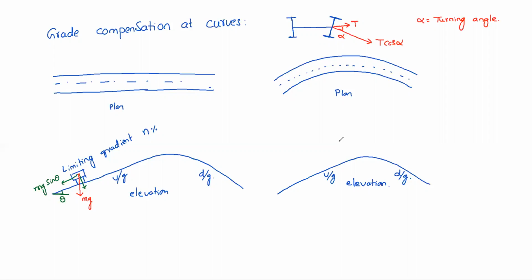What is meant by grade compensation: decreasing of the gradient at curves compared to straight portions.